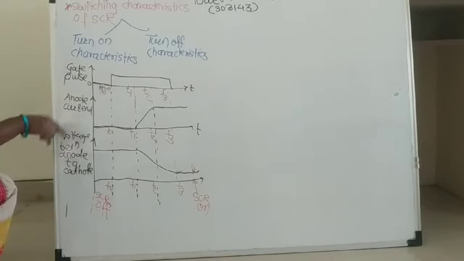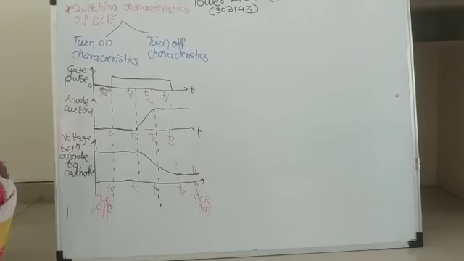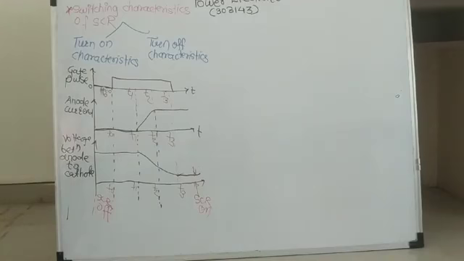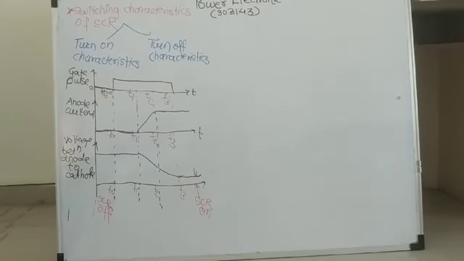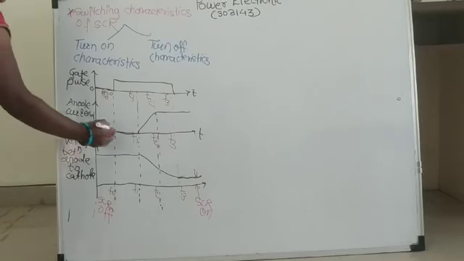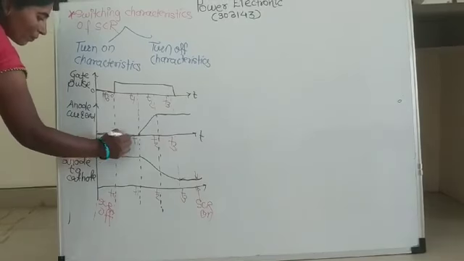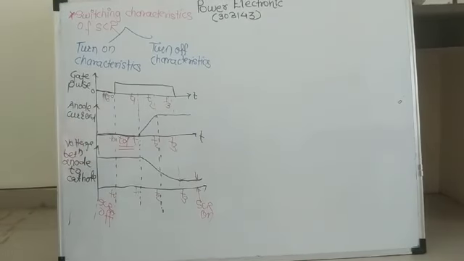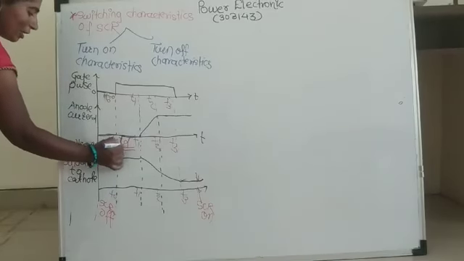Now this is the time required to turn on the SCR. This time is also called as TD. This time can be shown by different colors so that you can easily identify.